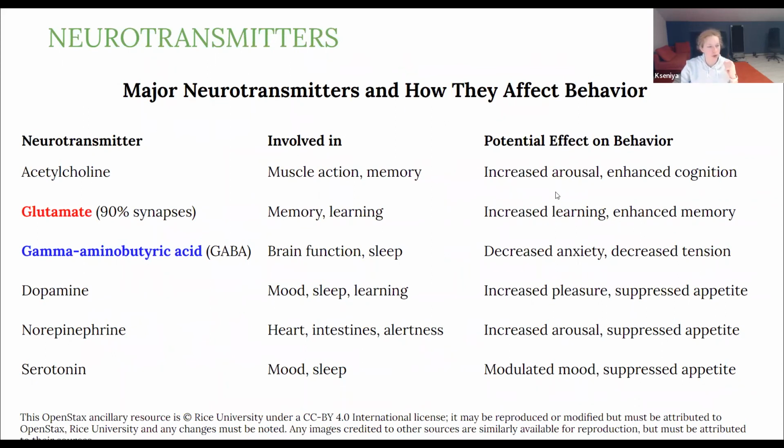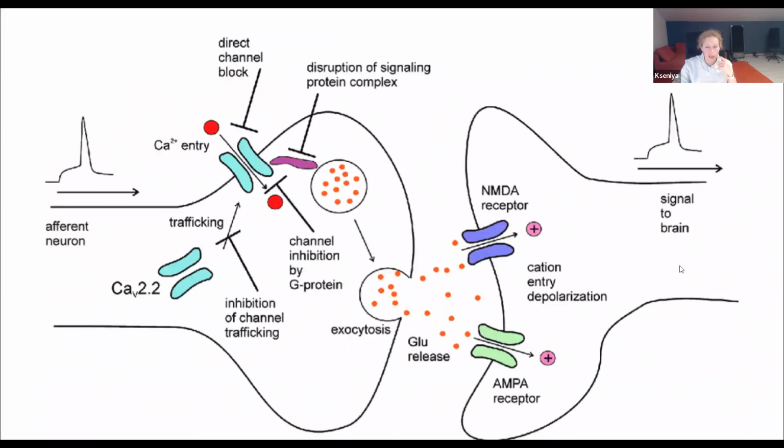I just want to remind you about the major neurotransmitters and how they affect the brain. Here you can see that 19% of synapses are glutamate. It's the major excitatory neurotransmitter in the brain, and the major inhibitory transmitter is GABA. The funny thing is that even for glutamate, there are several different receptors in the postsynapse.